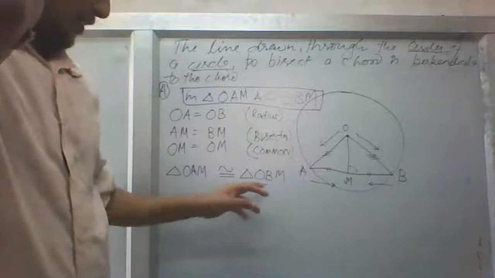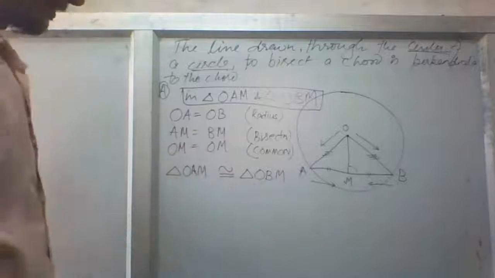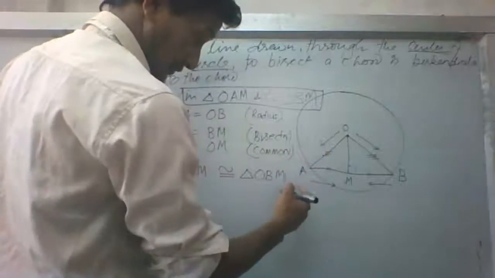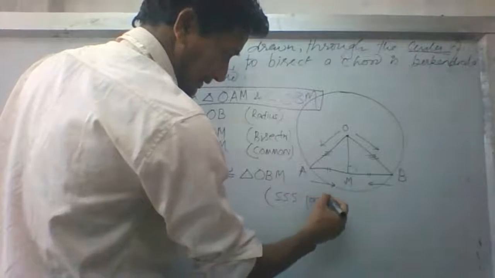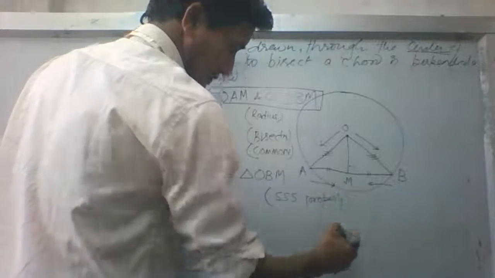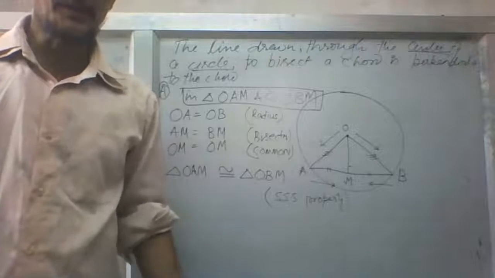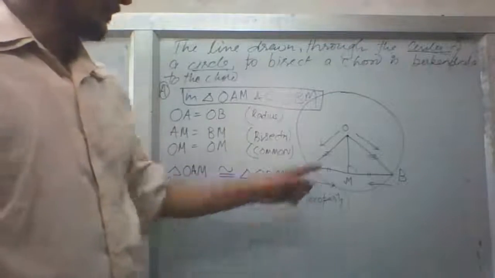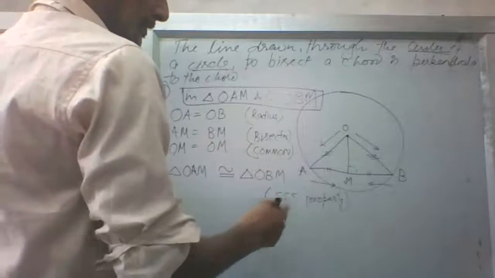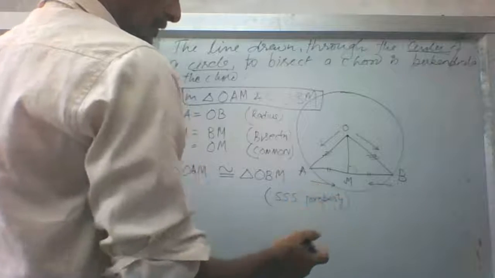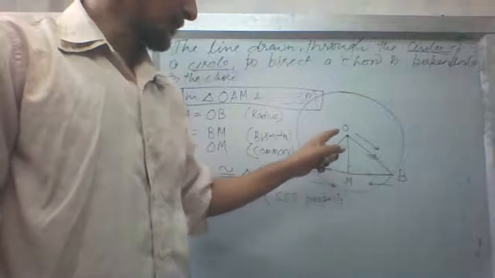So this triangle is congruent to this triangle. They both are congruent because of side property. So you have to define here as SSS property. If they are same, it means this angle is equal to this angle. Rest of the things we will not define, although you have to know it means this triangle is congruent to this triangle.